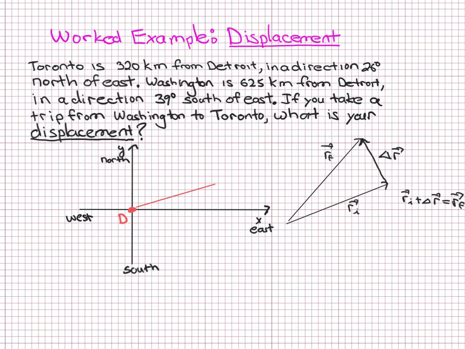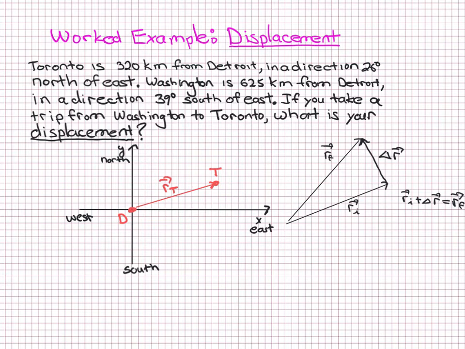And at the end of the line, I am going to put a dot, and that dot is going to represent the city of Toronto. And I'm going to put a little arrow on my line to indicate that this is a vector quantity. And I'm going to call this vector R sub t. That's the position of Toronto in this coordinate system in which we've placed Detroit at the origin.